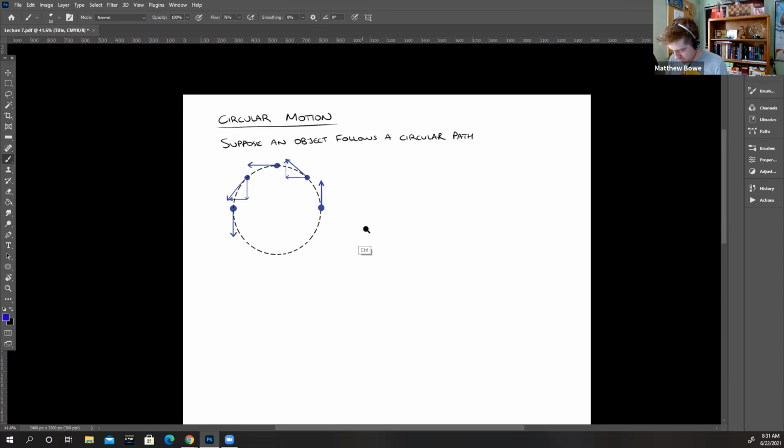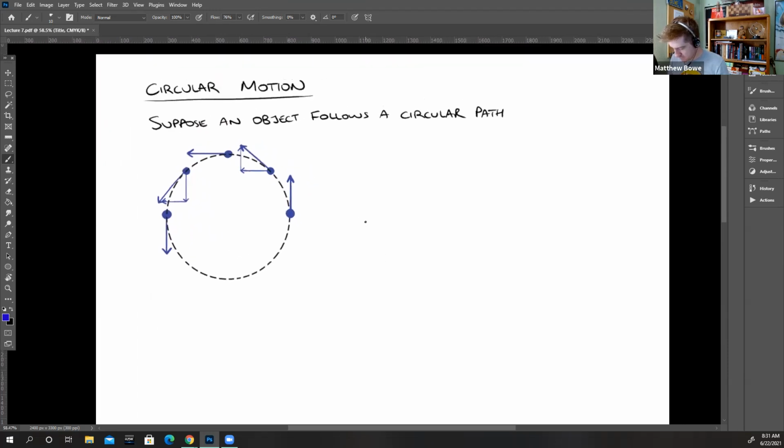Let me zoom in a bit. So for that first moment, I'm not going to give any values, I'm just going to label generally. For a moment, there is a positive velocity in the y direction, and the velocity in the x direction is 0.